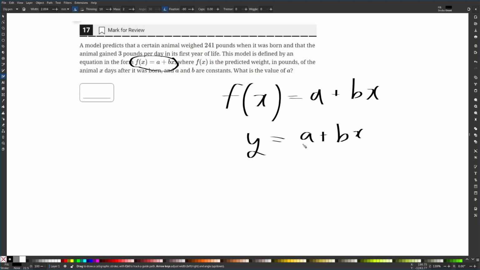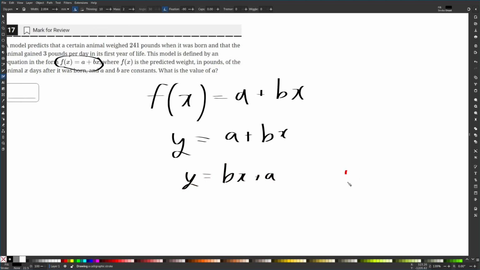And I would rearrange this too to get y is equal to bx plus a. Notice the similarity to y equals mx plus b, which we do know how to use.